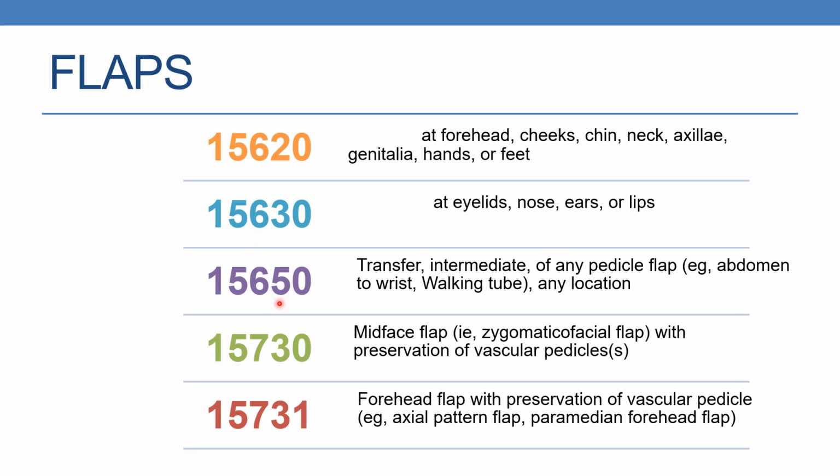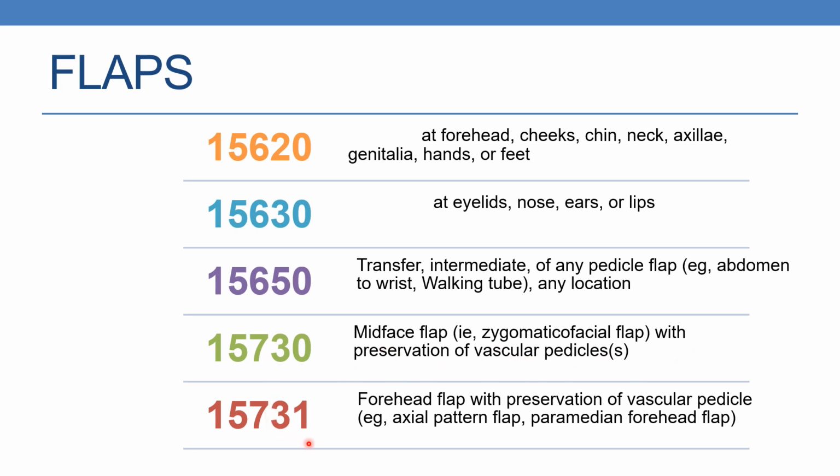The next code is 15650, transfer, intermediate, of any pedicle flap, for example abdomen to wrist, walking tube, any location. The next is 15730, midface flap, for example zygomaticofacial flap with preservation of vascular pedicle.